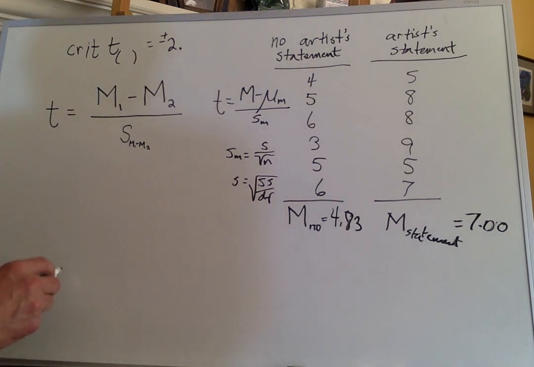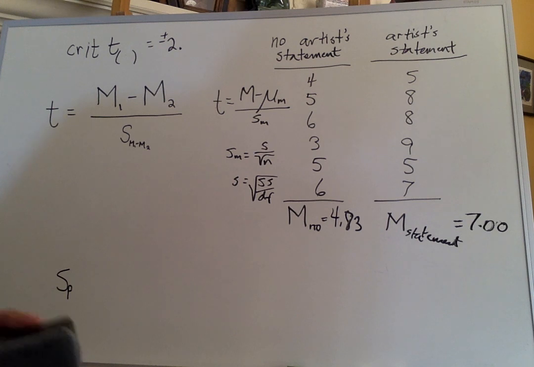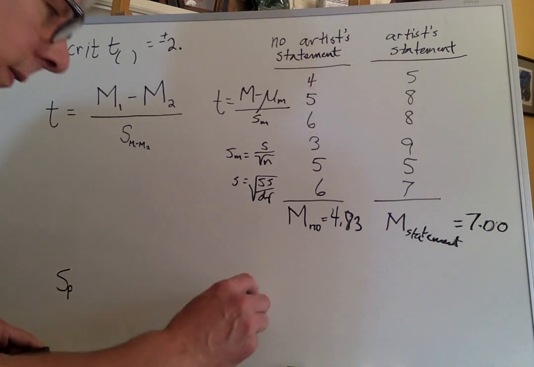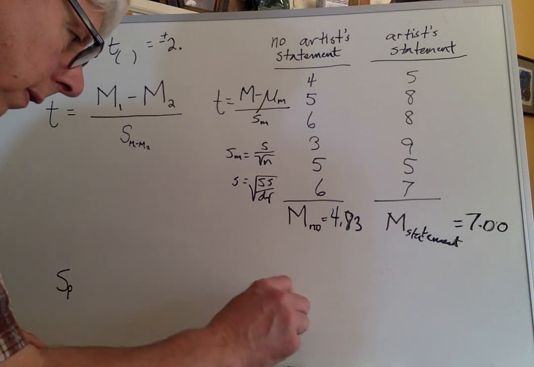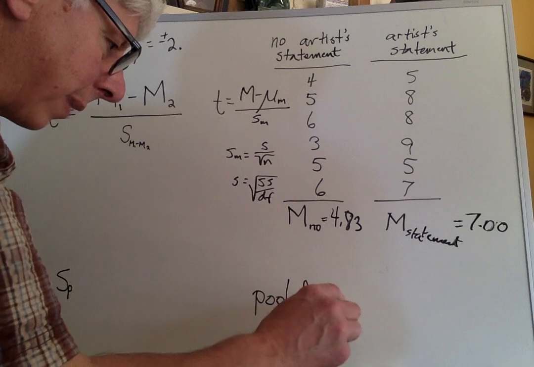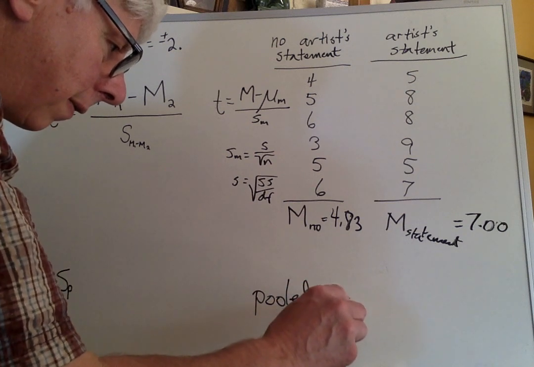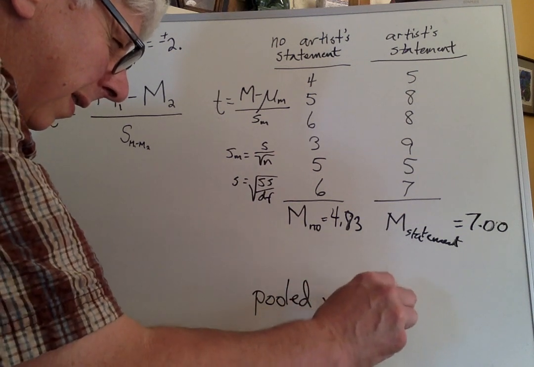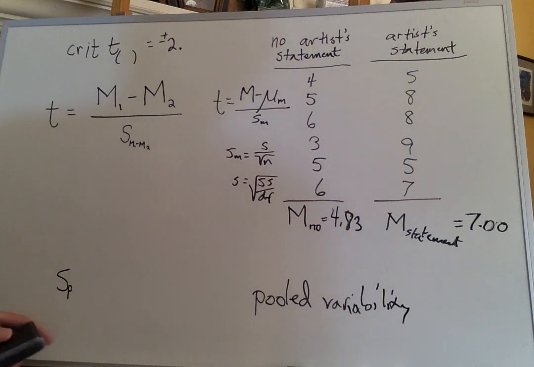The first step is this. I'm going to do an S with a subscript P. Take your time. The P stands for pooled. And this is pooled variability.